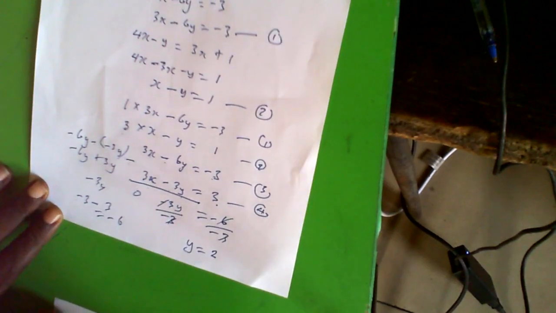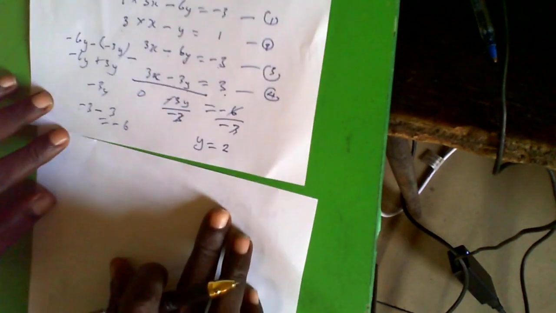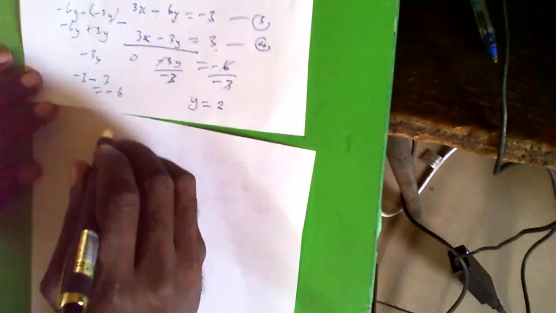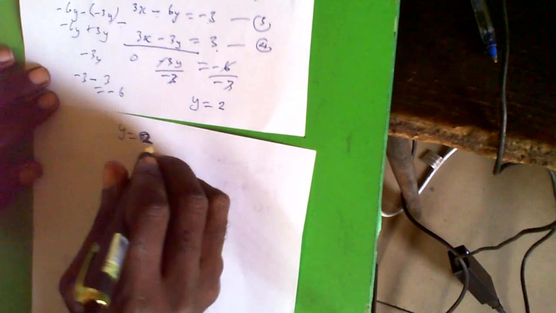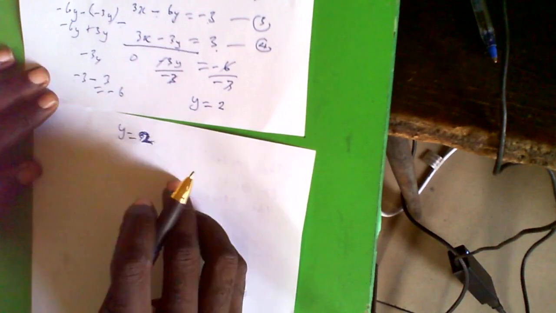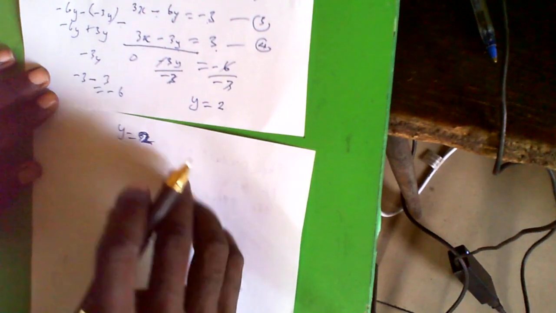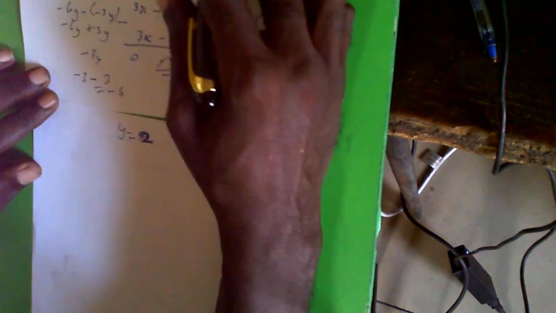So let's solve for the value of x. Since y is equal to 2, we go to our equation. You can substitute into equation 1 or equation 2, and you will get the same answer.